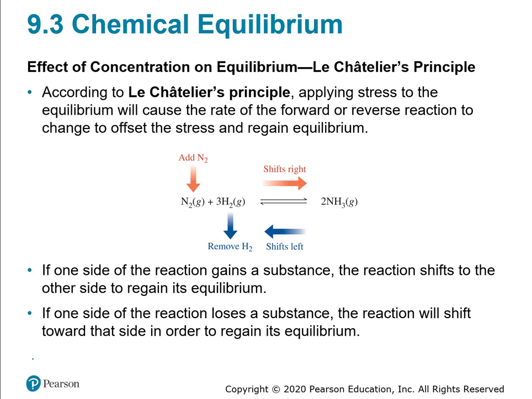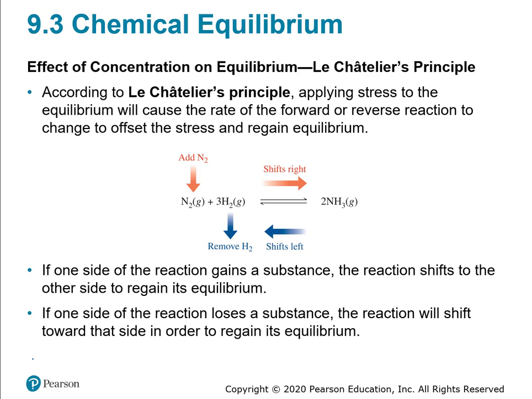So when I've already got this balance, with the amount of nitrogen, hydrogen, and NH3 at equilibrium in my container, if I change the amount of a reactant or the amount of the product, that's going to upset equilibrium. And so the reaction will then shift to try and balance it out.